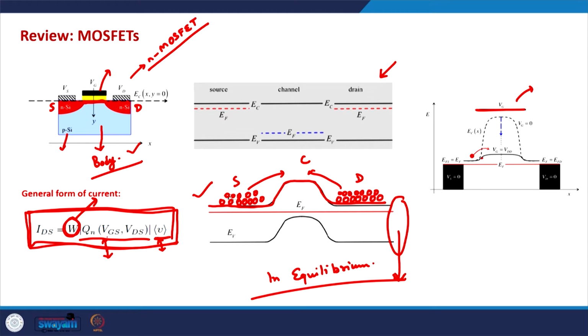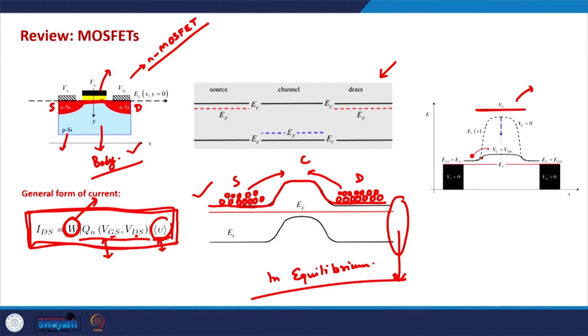So the charge depends on VGS and VDS. Velocity is governed by the scattering in the channel, which means the channel length, and the electric field in the channel, which is because of the drain voltage or in some cases the gate voltage.